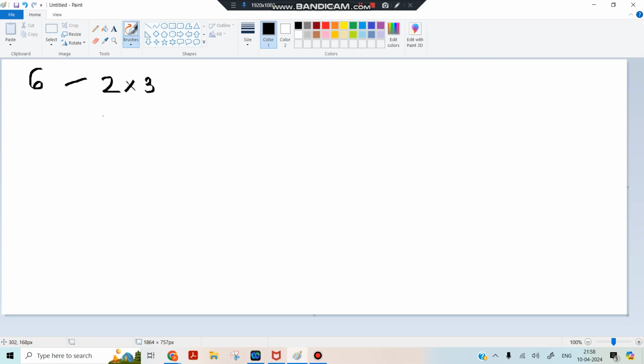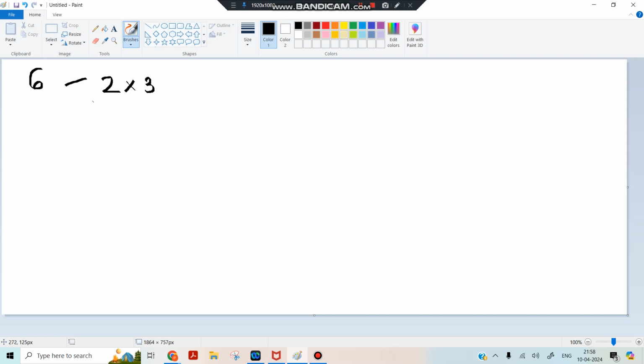So the divisibility test of 6 is a combined divisibility test of 2 and 3. What's the divisibility test of 2? Let's recollect. The number has to be even. What's the divisibility test of 3? The sum of the digits of that number should be divisible by 3.